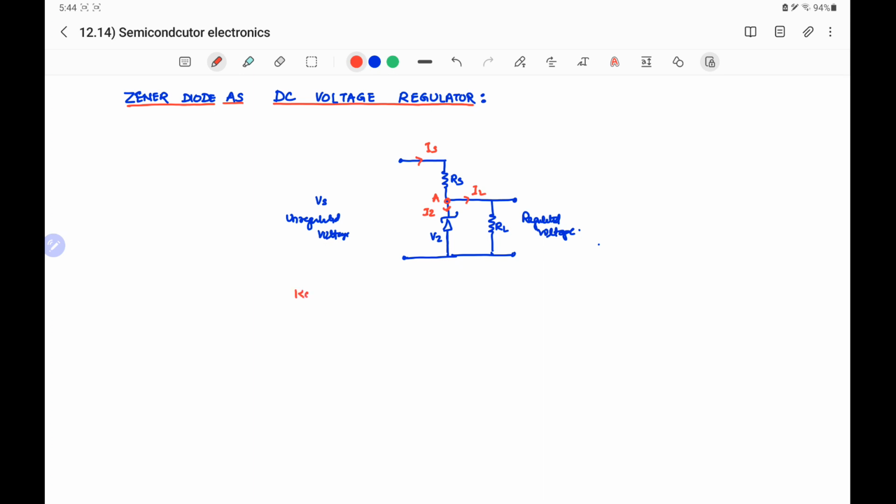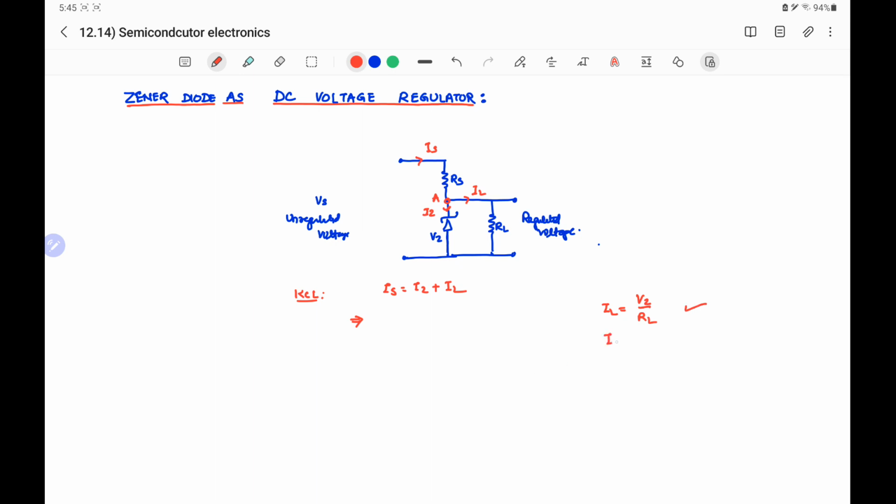From Kirchhoff's current law, which says that the incoming current at a junction equals the outgoing current at that junction, Is will be equal to Iz plus IL. This implies that IL is equal to the voltage across the load resistance, which is Vz, because the voltage across the Zener is constant, divided by RL. So this gives the load current.